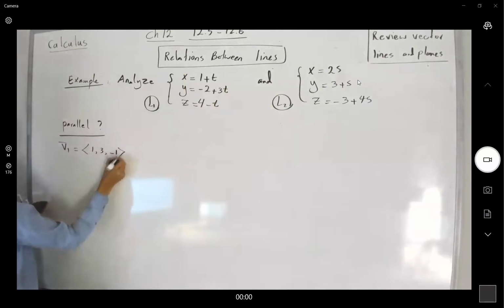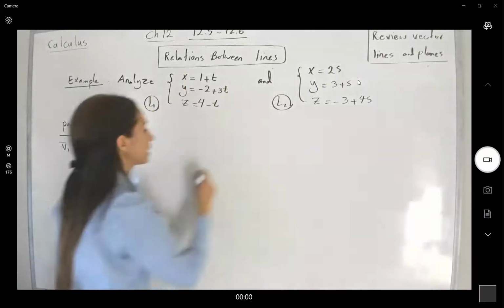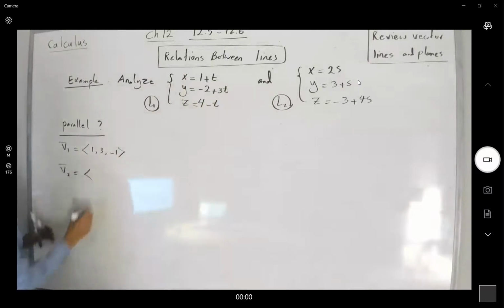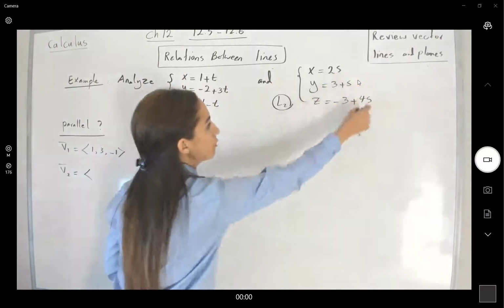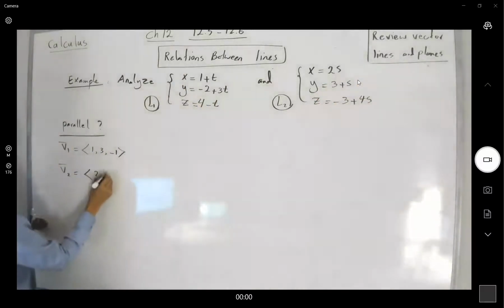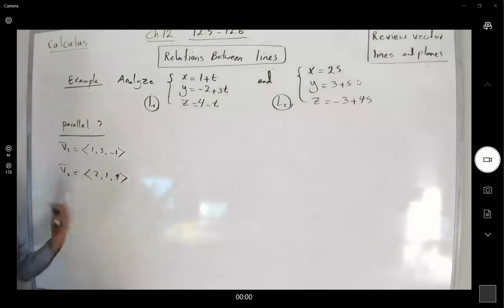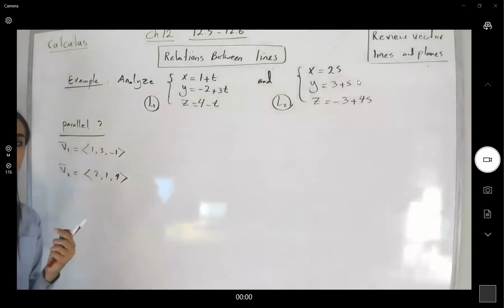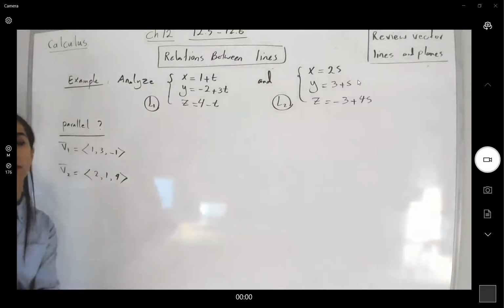The directional vector for the second line, V2, is 2, 1, 4. Remember that if they are parallel to each other, it means that these two are scalar multiples of each other.